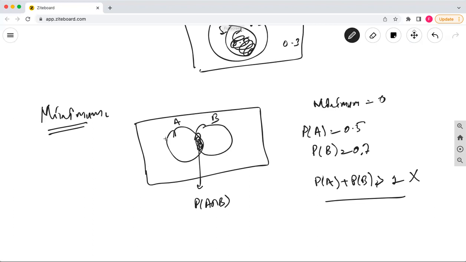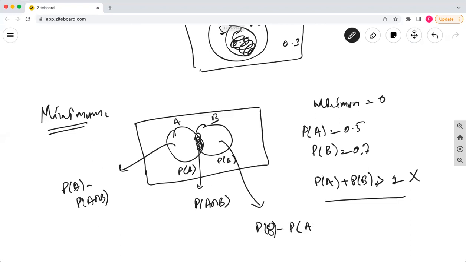If you understand the Venn diagram concept, the thing is, if you are dealing with a Venn diagram, always start from the center. And this is the probability of A and this is the probability of B. So what will be this part? This will be probability of A minus probability of A and B. And this will be probability of B minus probability of A and B. To minimize this, we need to consider that we have only 2 events.